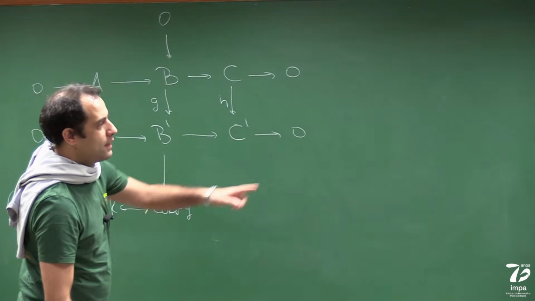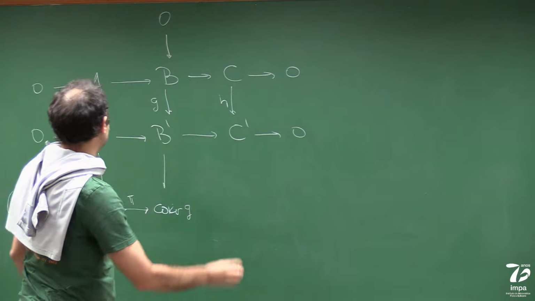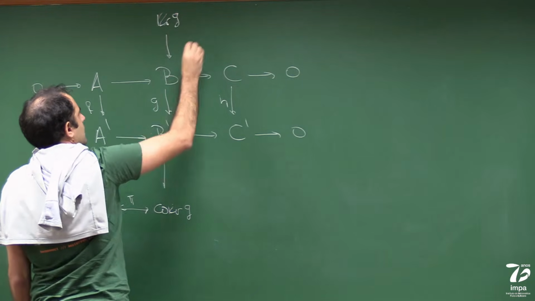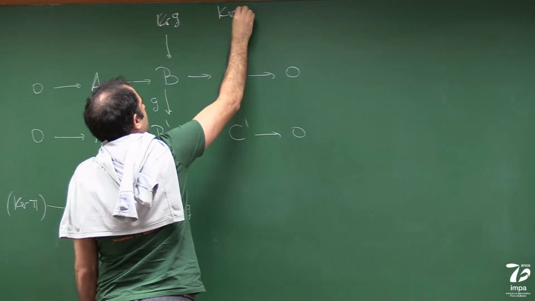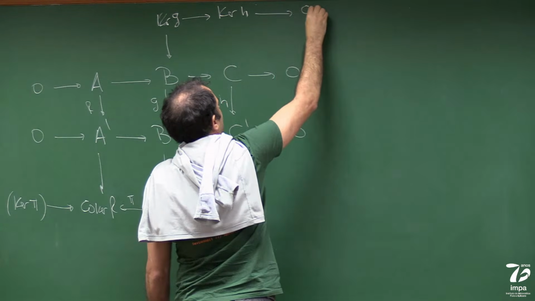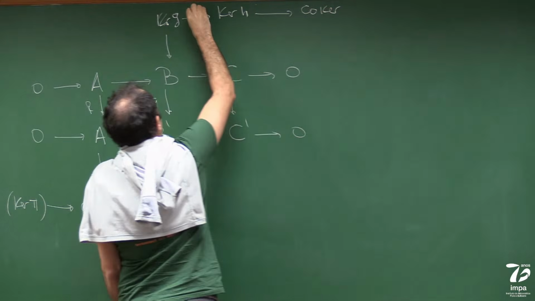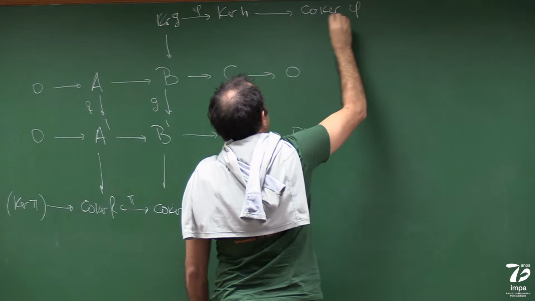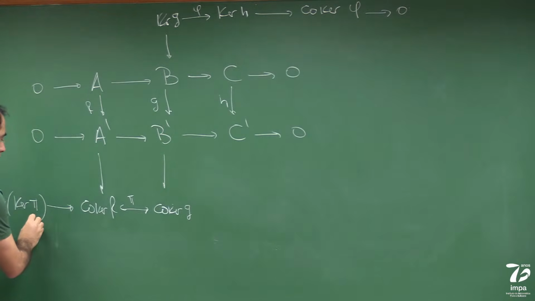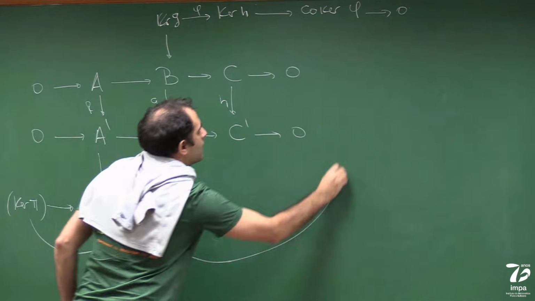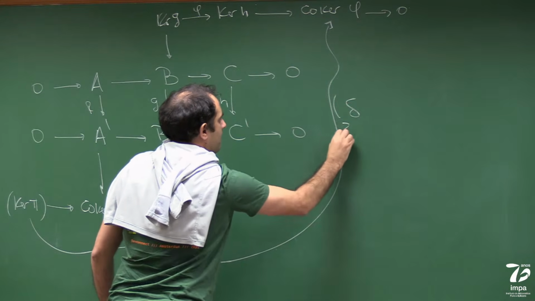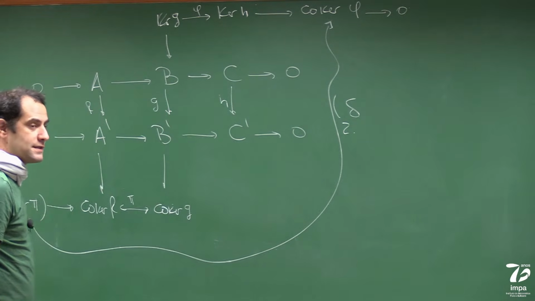And I look at the kernel of G here, the kernel of H, and I'm looking at the co-kernel of this map. The co-kernel of, let's say, phi is here, and my delta is a map from here to here, which is an isomorphism. So we've just proven the snake lemma.